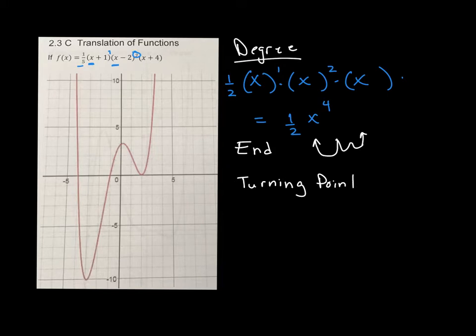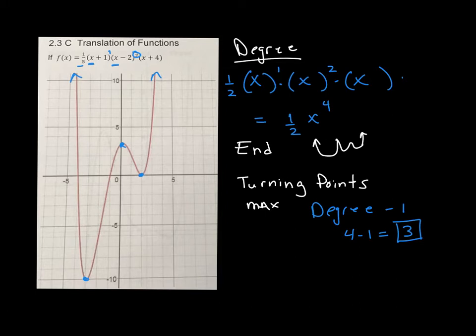The number of possible turning points, and again, this is the max number of turning points, is always going to be the degree minus 1. So in this case, it's going to be 4 minus 1. So this has a maximum number of turning points, which is 3, which we can see here. The graph is going up, and I have 1, 2, 3 different turning points.